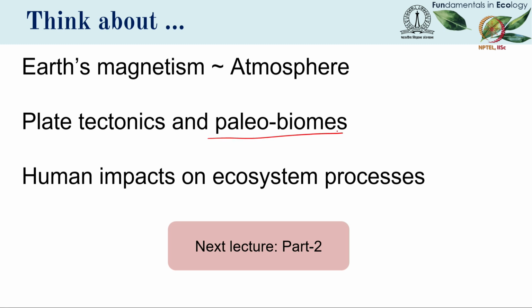The continents today are located on the Earth, and we are very familiar with where they are because we can see them on a map or a globe, but they were not always here. They have moved around quite a bit. They have merged, they have split. So what would have been the distribution of paleobiomes relative to the positions of the paleocontinents?